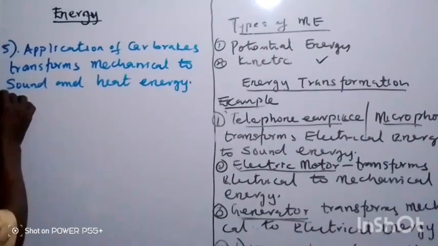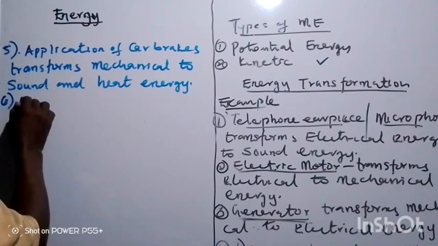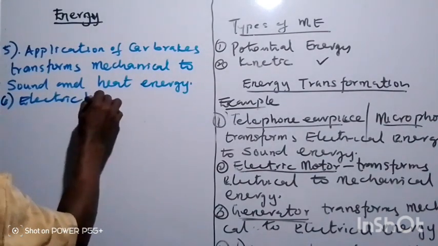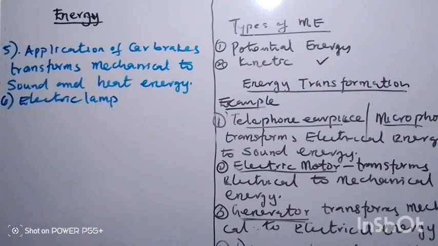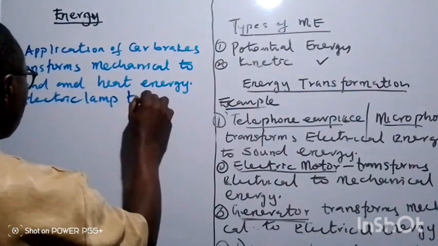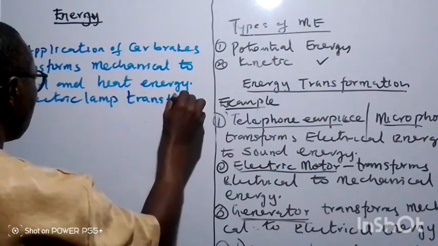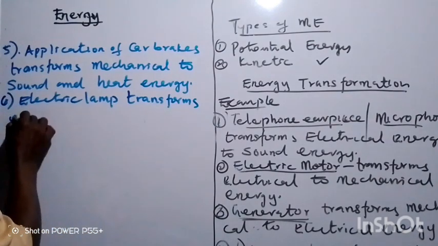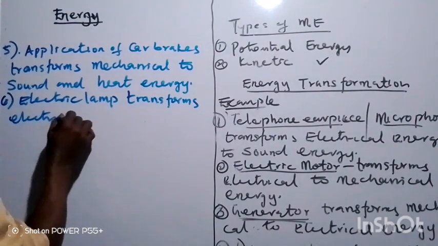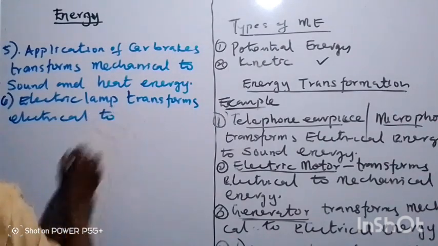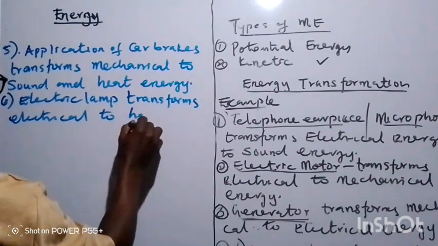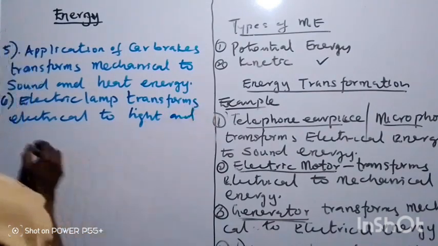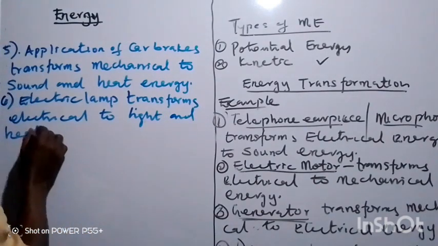6. Electric lamp. Electric lamp transforms electrical energy to light and heat energy.